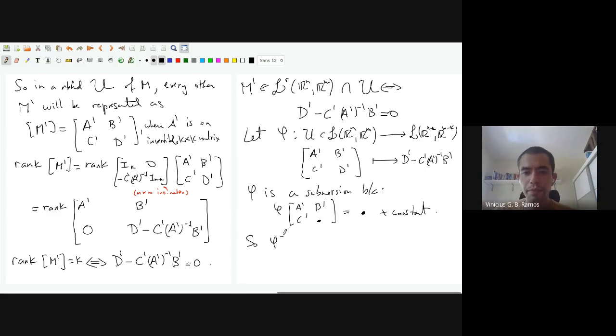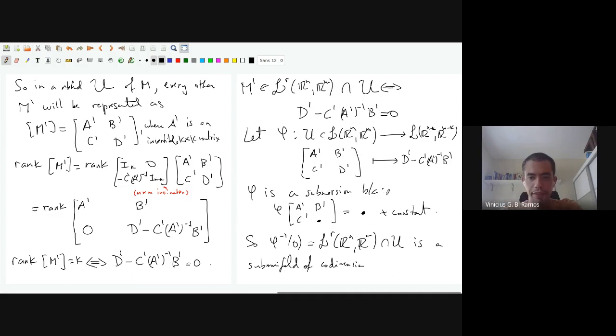So the pre-image of 0, which is exactly this space that I want, intersection with U, is a submanifold of codimension, and the codimension is equal to the dimension of the target. So equal to the dimension of this space.